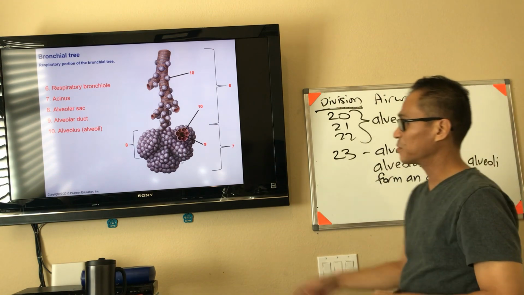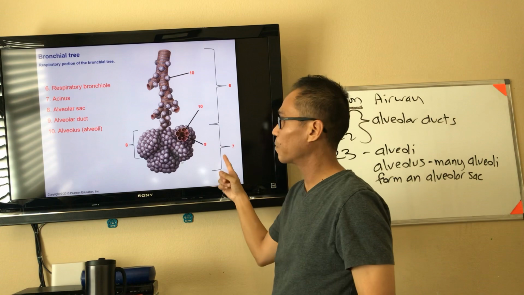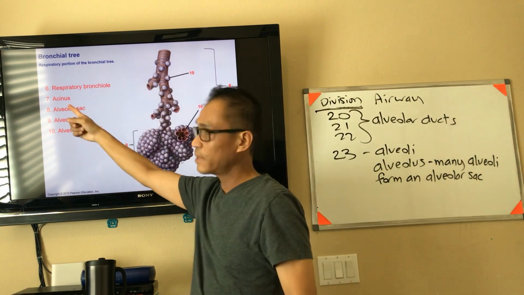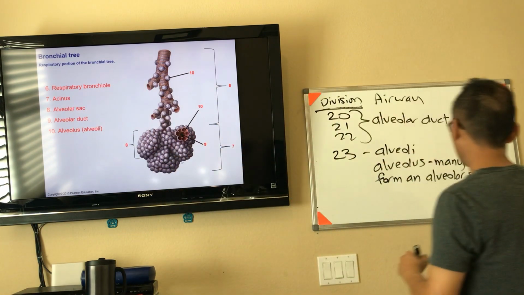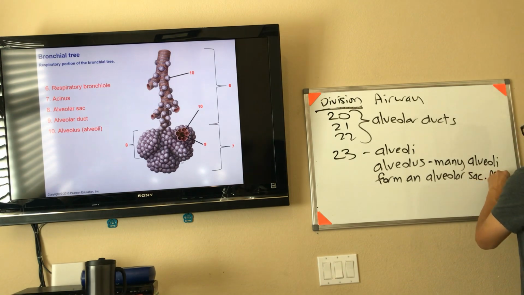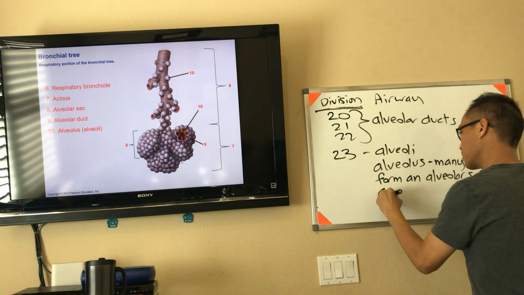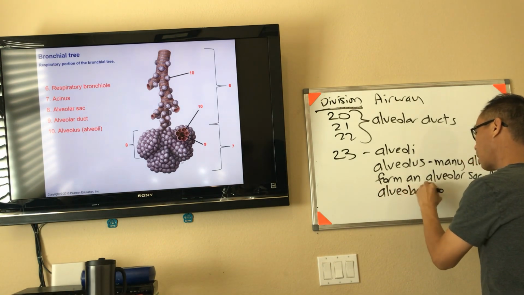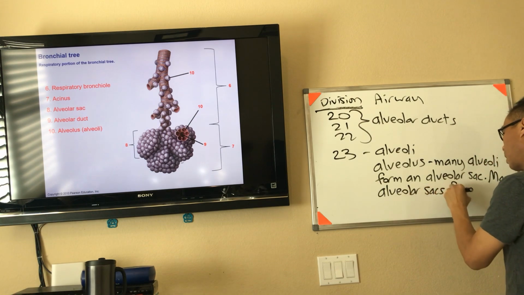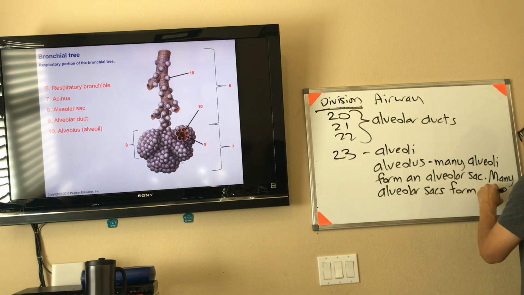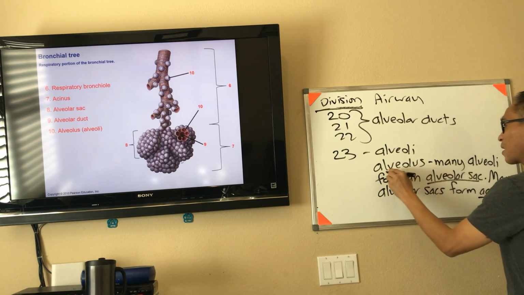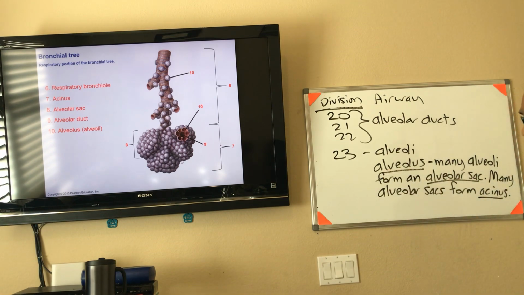Many clusters of grapes form this structure here, number 7, acinus. Many alveolar sacs form acinus. So the structures are acinus, alveolar sac, alveolus. But pretty much that's it.